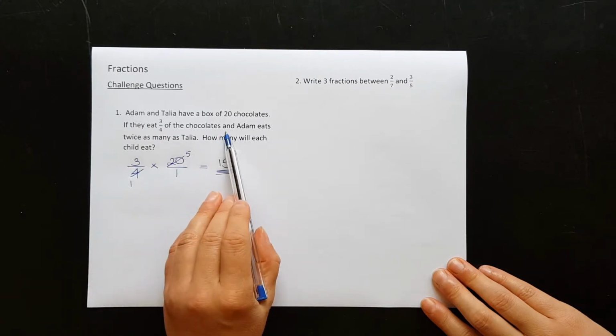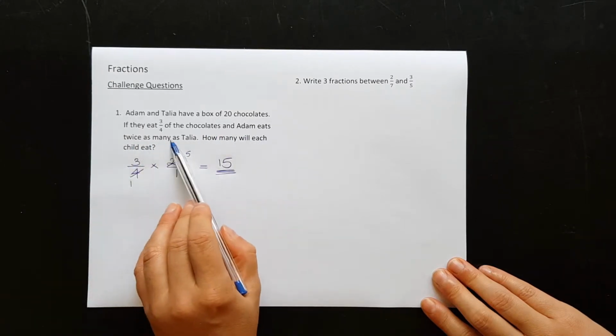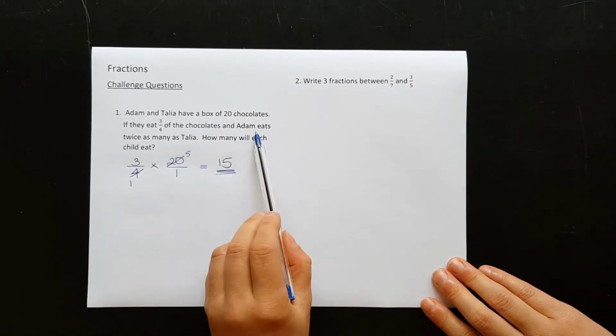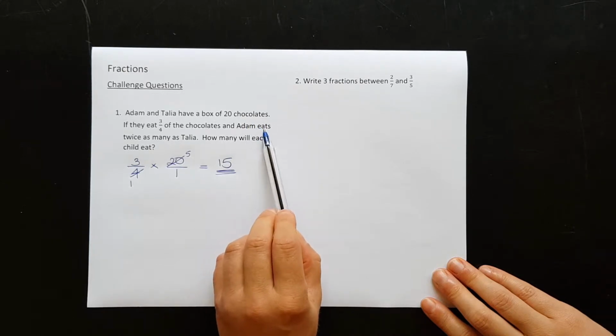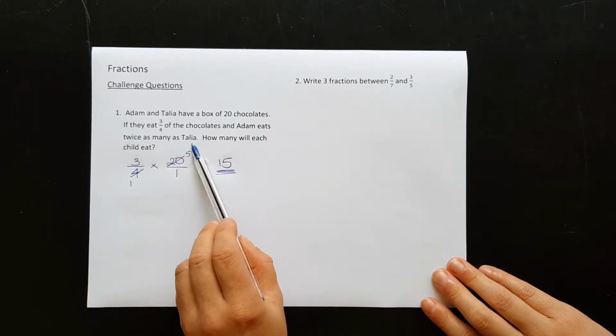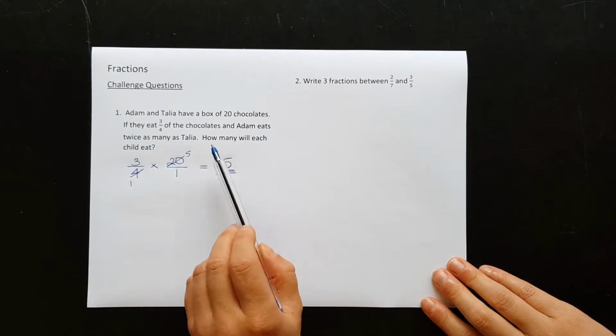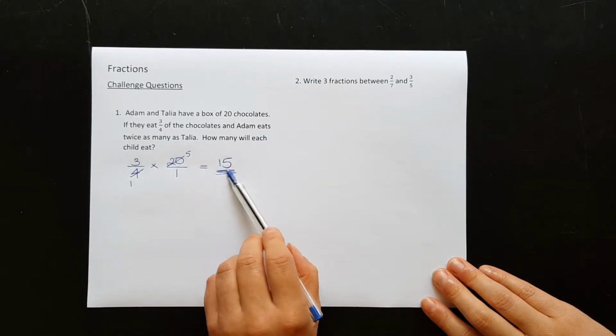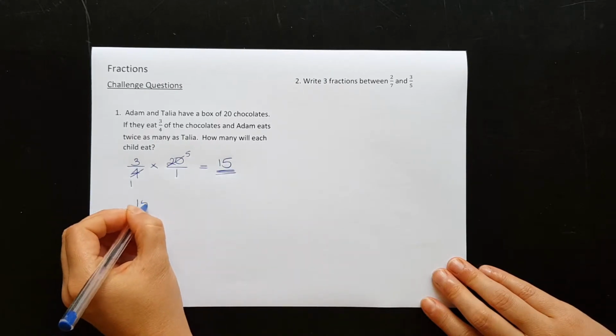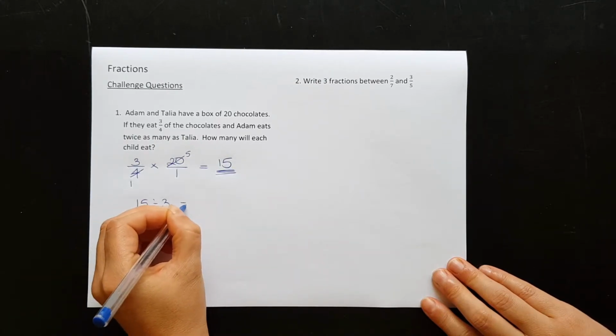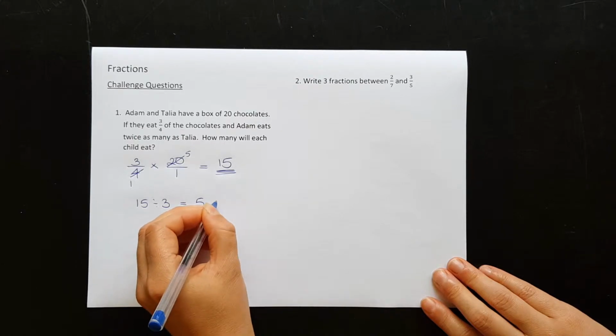Now, for the second part of the question, it says Adam eats twice as many as Talia. So if we think of Adam as eating 2 shares and Talia as only eating 1 share, altogether they're eating 3 shares. So if I divide this number by 3, that gives me 5 chocolates.